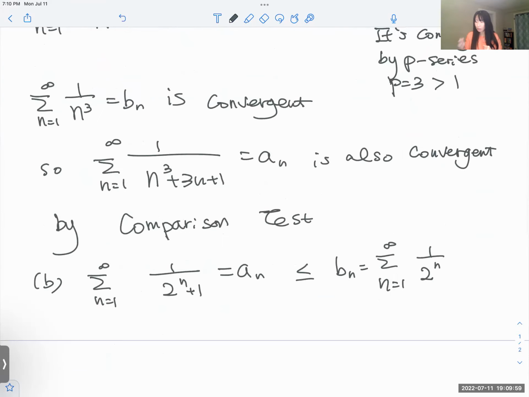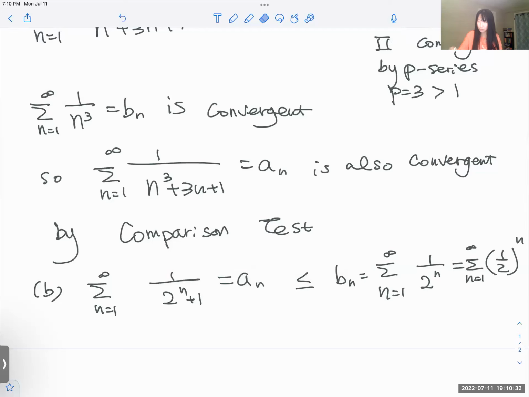Okay. Now, how do we say 1/2 to the n power? The geometric series? Very good. It's a geometric series because we can express this one as 1/2 to the n power. It's the same, right? So is it converging or diverging?